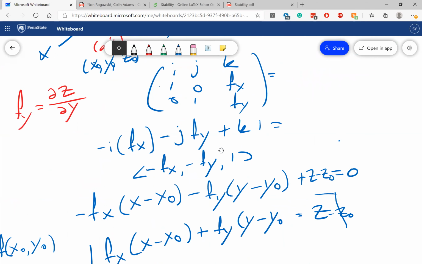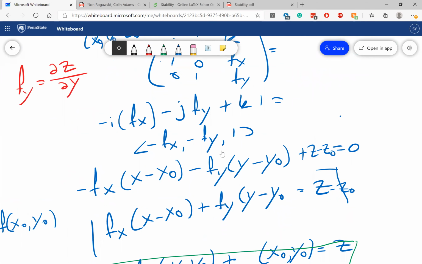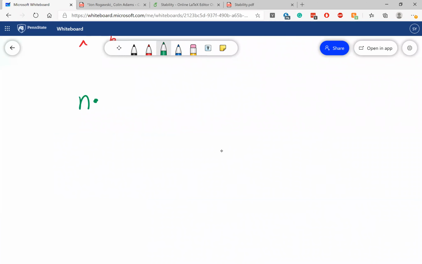So then you just use the formula that we have, right? So we had that normal vector, the plane would be the normal vector dotted with x minus x0, y minus y0, and z minus z0 is equal to 0. That's the most general formula for the equation of a plane.